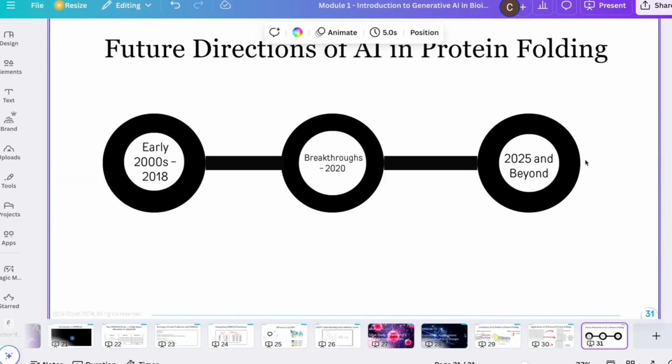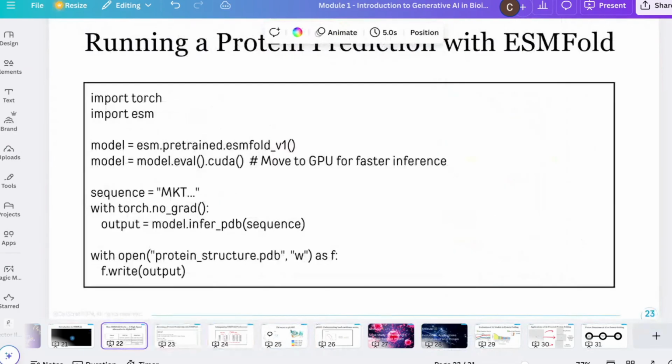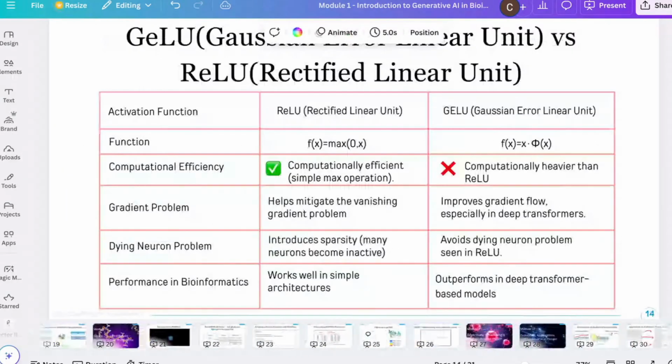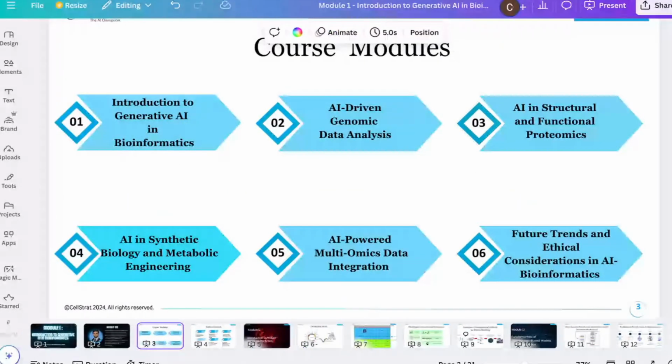So that's all I have for today's module, the introduction to generative AI and bioinformatics. In the next modules, we'll be diving deep into the different models, like I mentioned in the course structure this morning. At the start, we will be looking into genomic data analysis and structural and functional proteomics. We'll be diving deep into the AI intervention in all of these bioinformatics concepts.